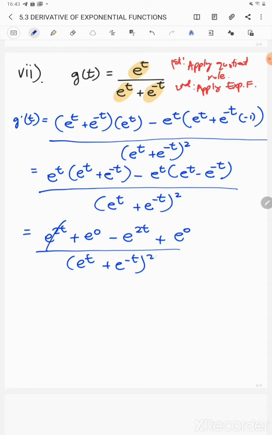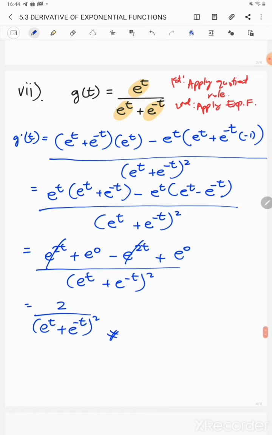Now we can cancel because of the minus, and e power of 0 we get 1, 1 plus e power of 0 gets 1, so the answer is 2 over e power of t plus e power of negative t, squared. This is the solution for number 7.